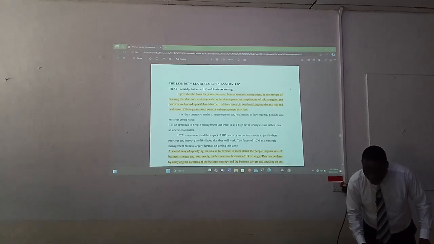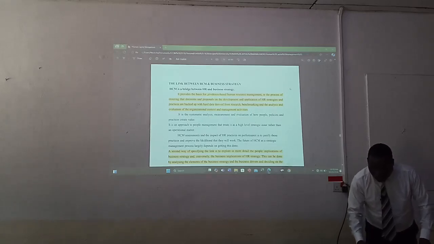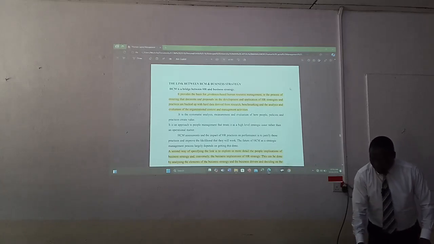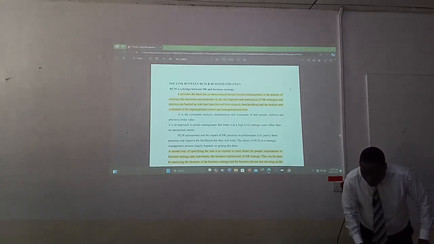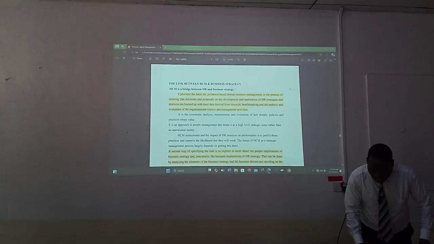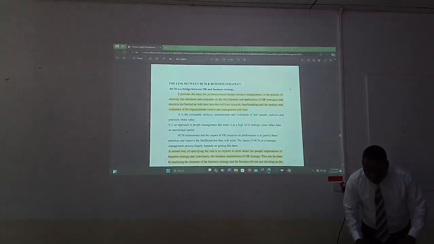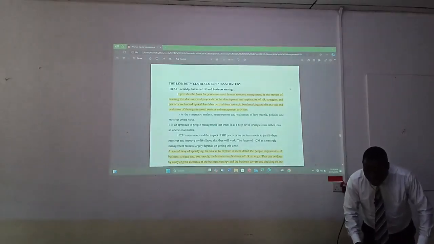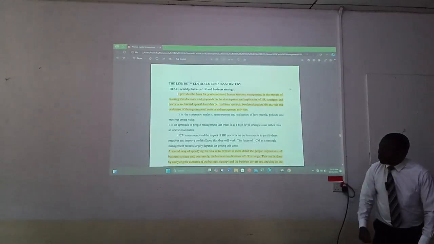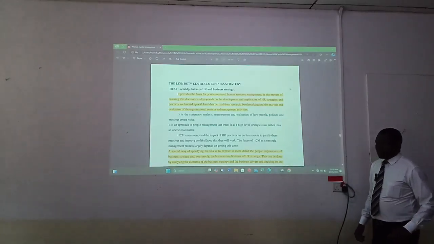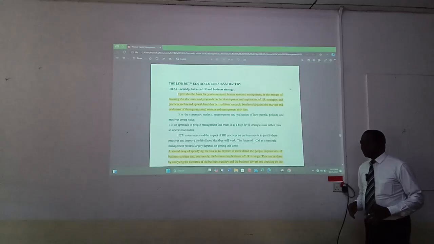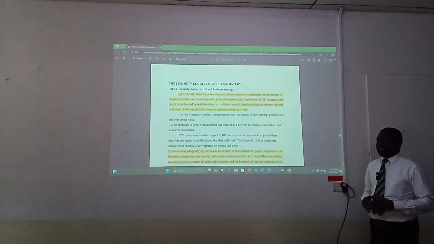That is to say, the process of ensuring that decisions and proposals on the development and application of HR strategies and practices are backed up with hard data derived from the following. So you can see that human capital management is very important.